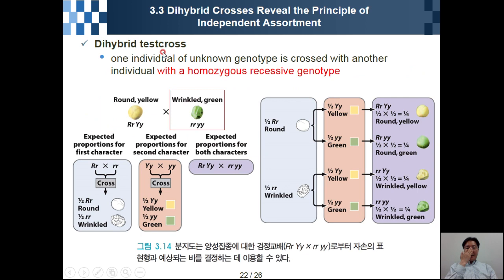The expected value when this case happens will be 1 to 1 to 1 to 1. But this is our expectation. The observed value may be different. Maybe it's different. We don't know. Who knows?